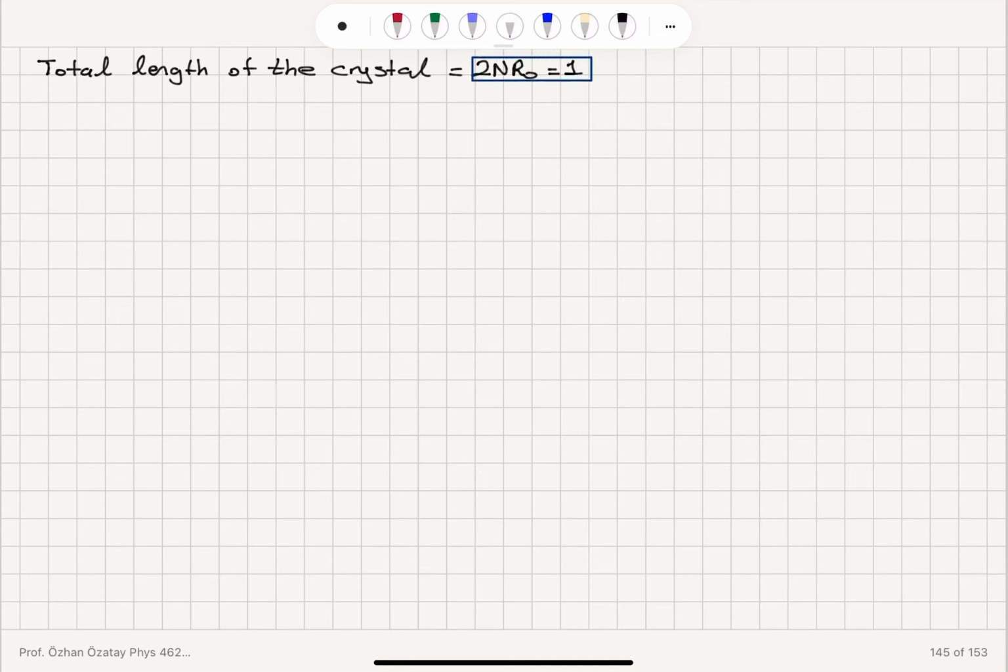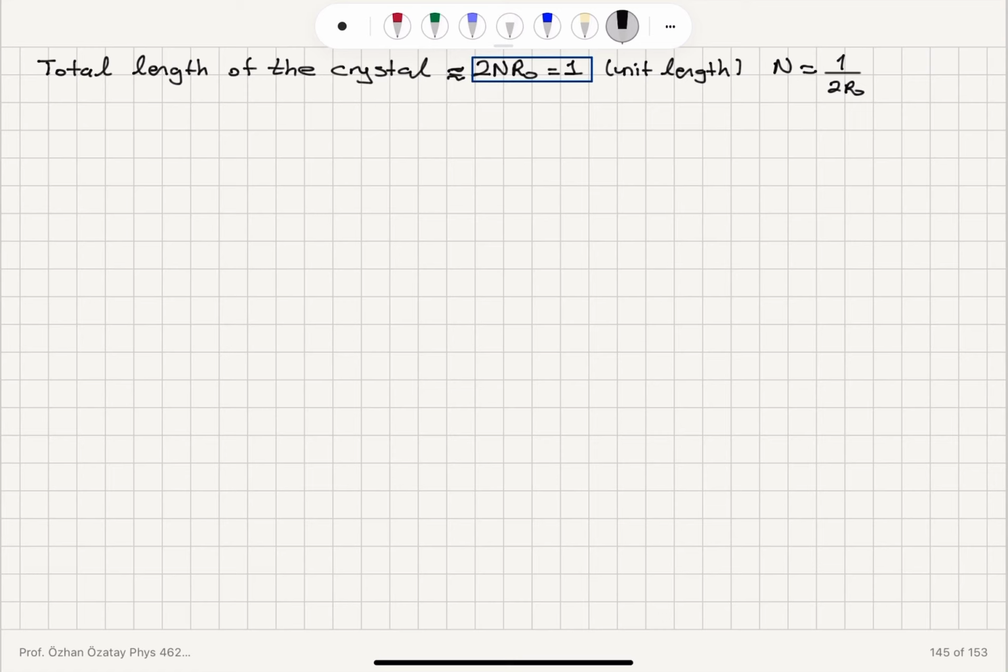So we note that we have to use this. That is a unit length of the crystal. And that means N is approximately 1 over 2 r0, because total crystal length is approximately 2n r0. So it's 1 over 2 r0.